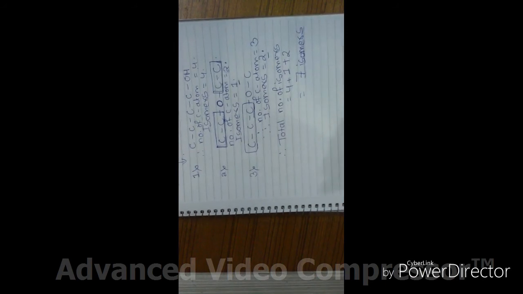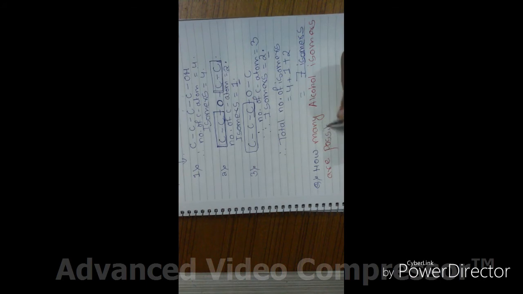So now another question: how many alcohol isomers are possible for C4H10O?